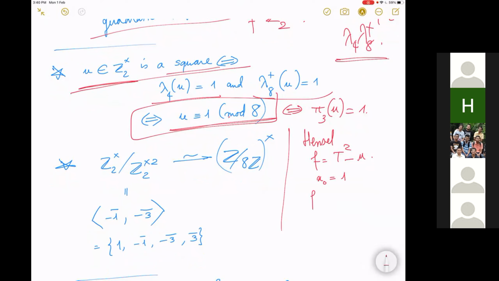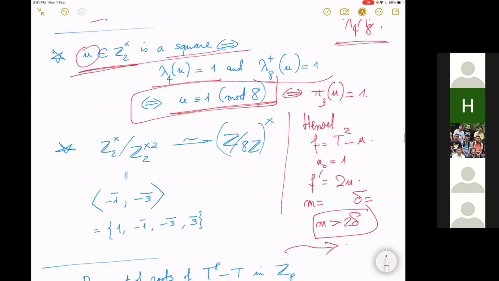Then what is f prime going to be? It's going to be 2u, and you can find out what m and delta are, and if your condition m is strictly greater than 2 delta is satisfied, then you can apply Hensel's lemma to get a square root of u.